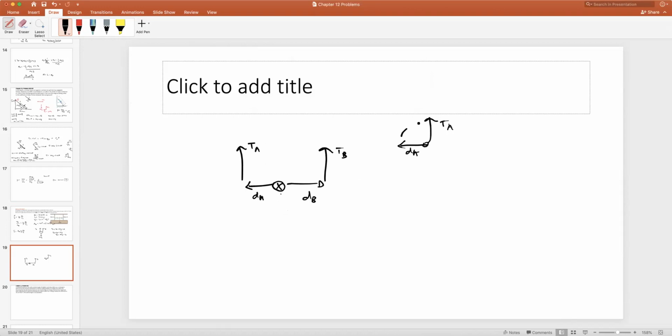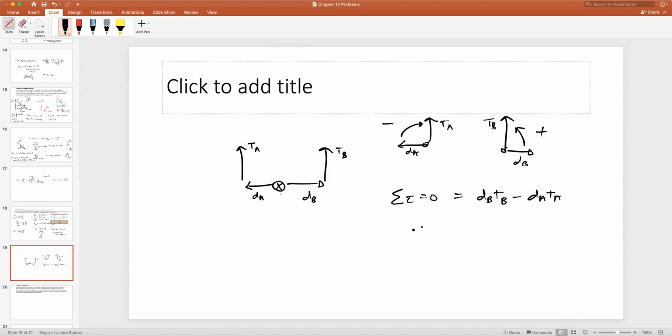dA, TA is rotating one way, so this is a negative torque. dB, TB is rotating the other way, so this is a positive torque. Sum of my torques is 0, which is equal to dB TB minus dA TA.